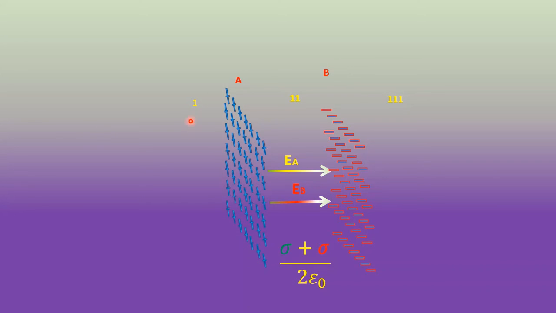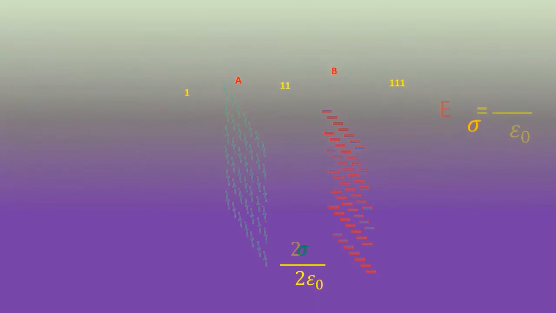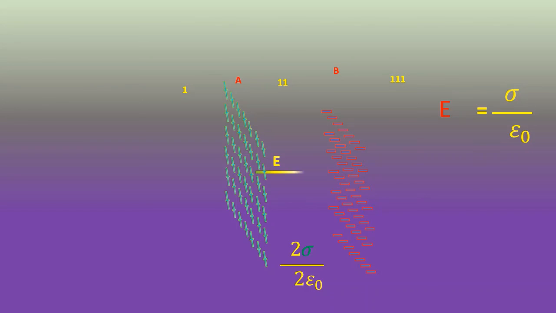No electric field is outside the charge sheets. The electric field existing between two charge sheets of equal and opposite charges is equal to sigma by epsilon 0.